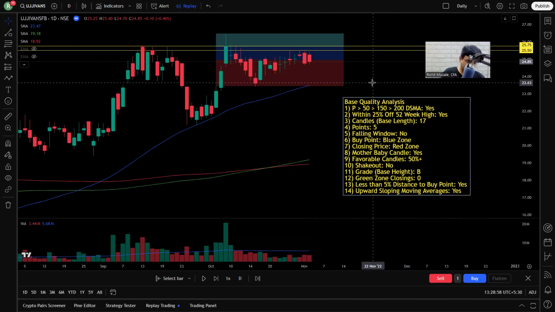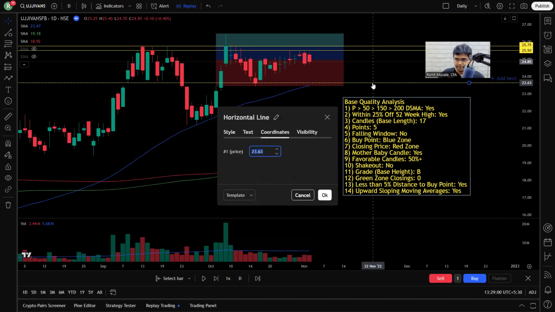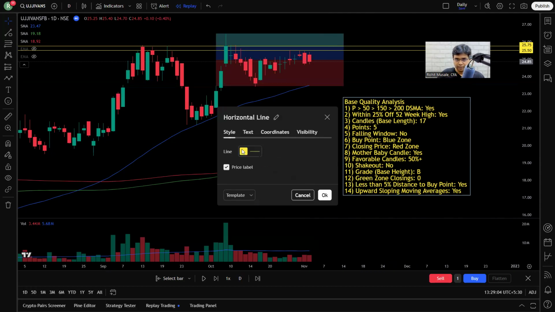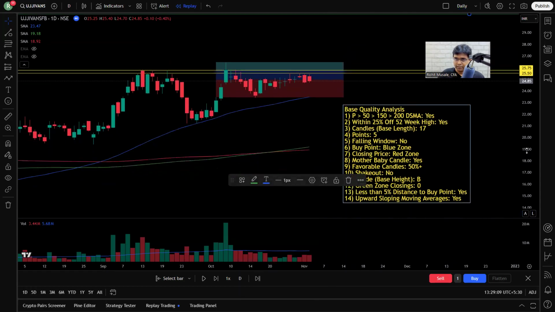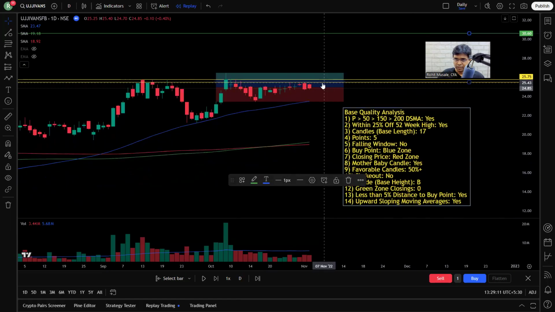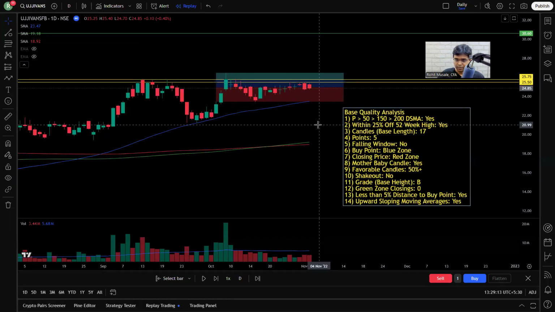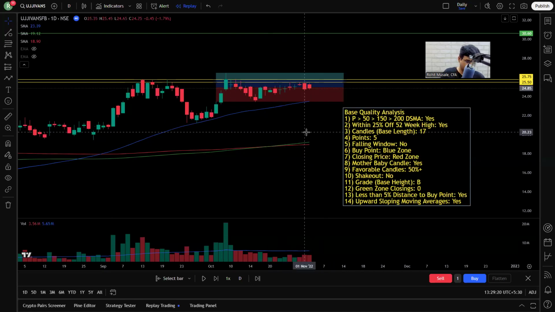Okay, so I will draw a line at 30.60, and the color would be green. And we'll put another target, which is 25% above the buy point: 25.50 multiplied by 1.25, which is 31.87.